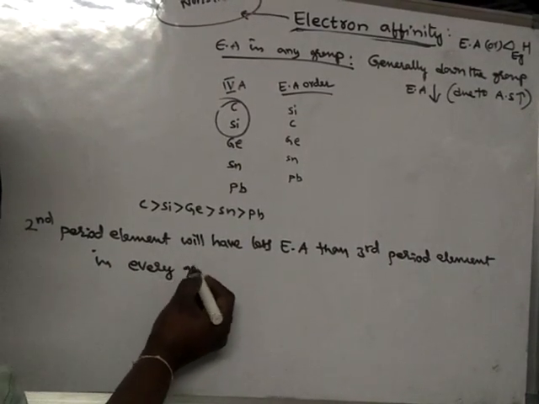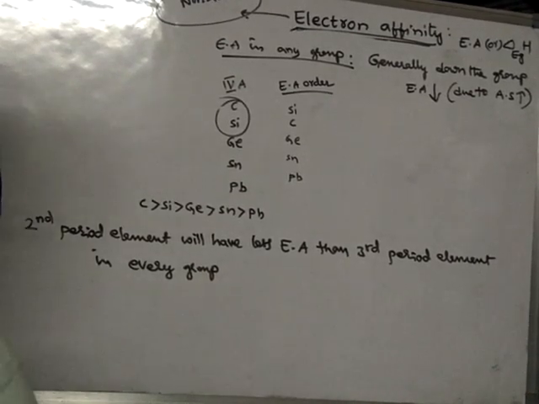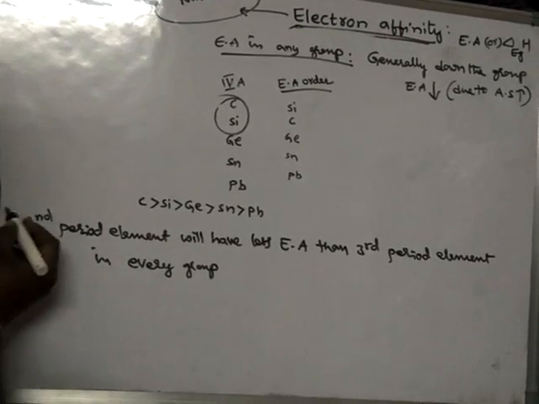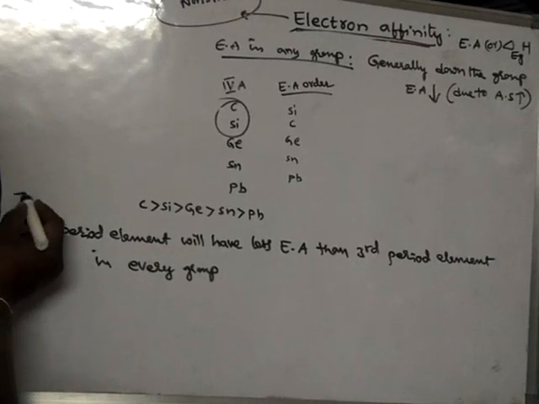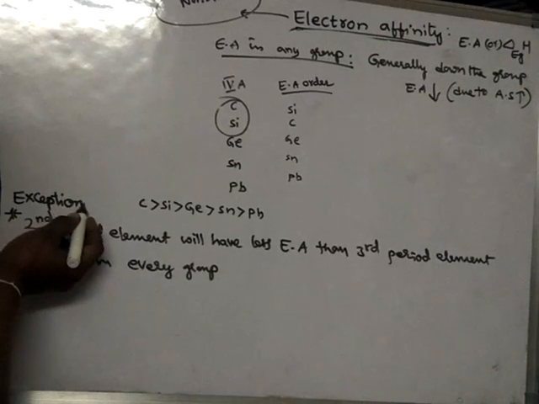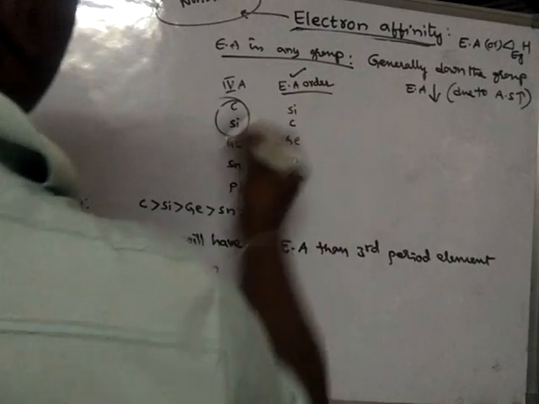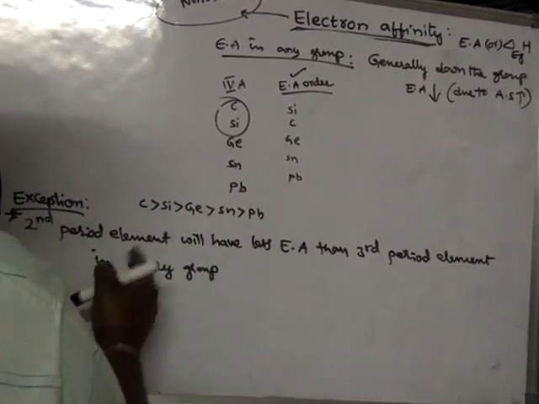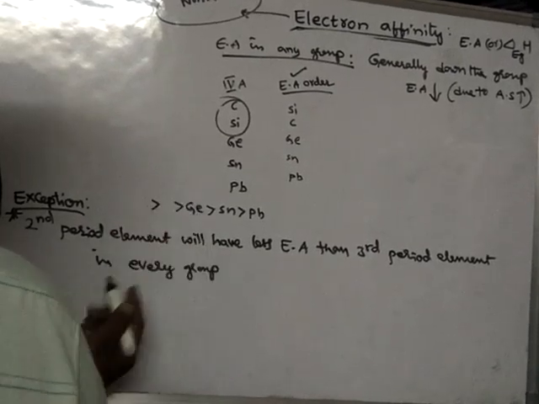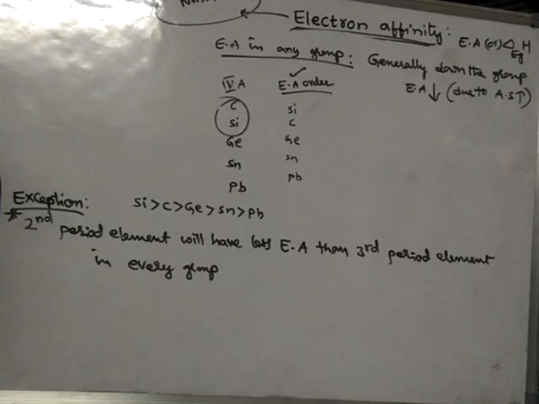In every group, second period element will have less electron affinity than third period element. So this is the exception. This is the correct order and this is the wrong order. So now we have to change the order like this. Silicon will possess more electron affinity than carbon.